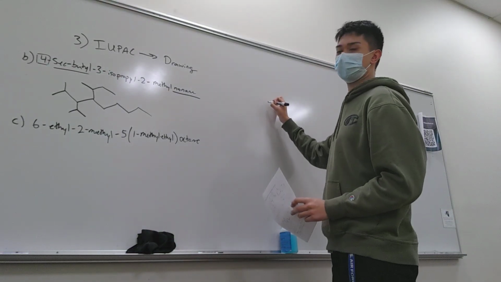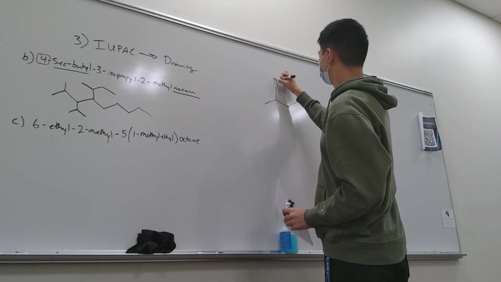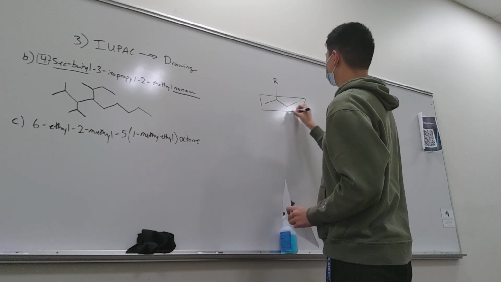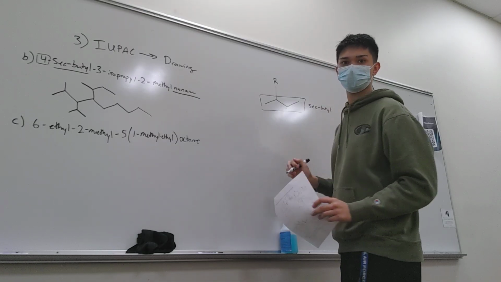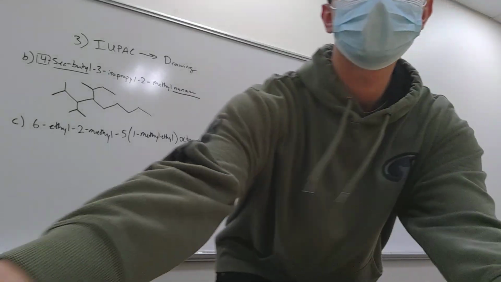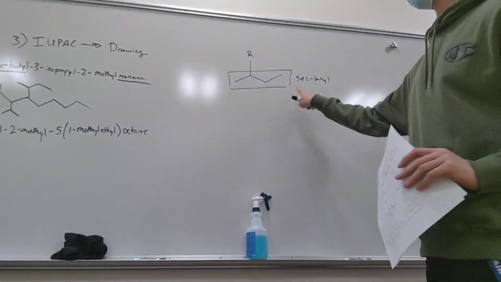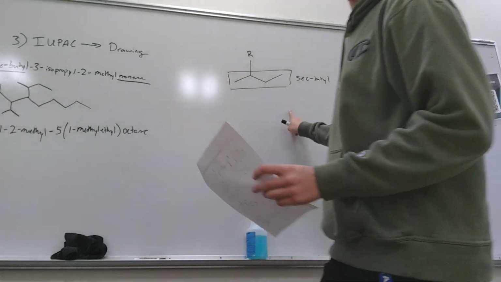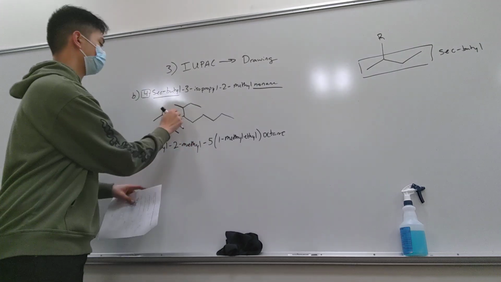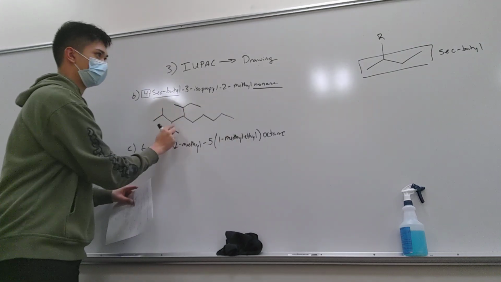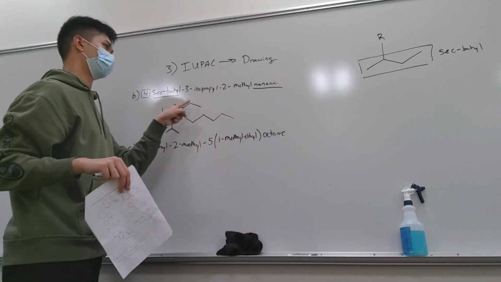Okay, so here we have a sec butyl. We can see that over here we can label this whole thing as the R group and this as the sec butyl.